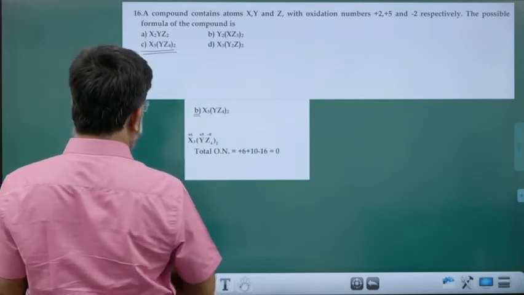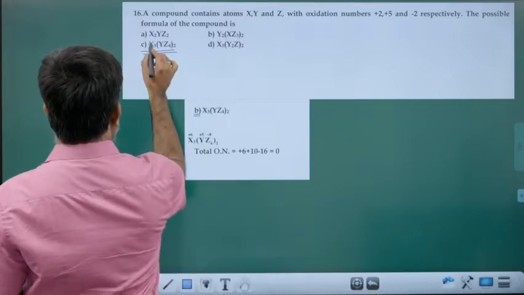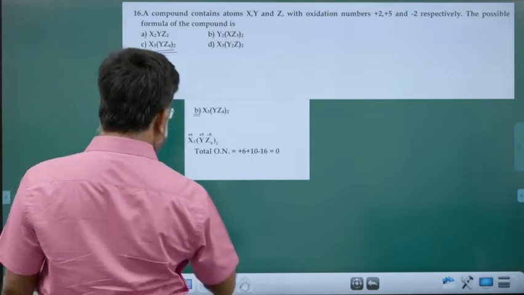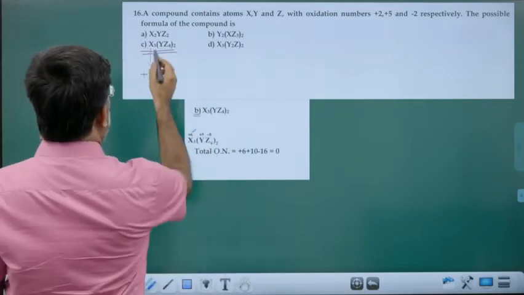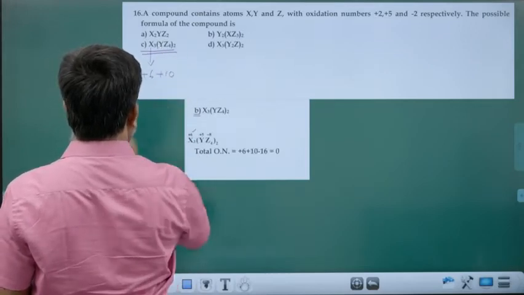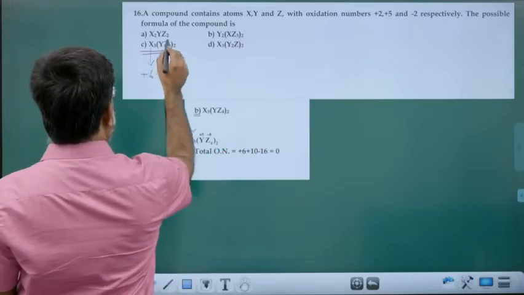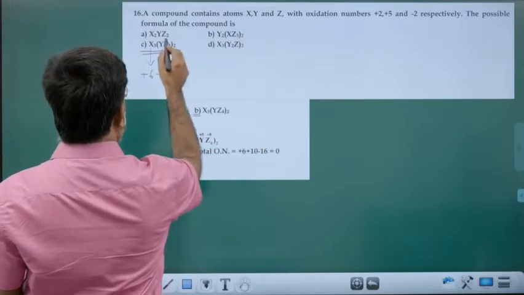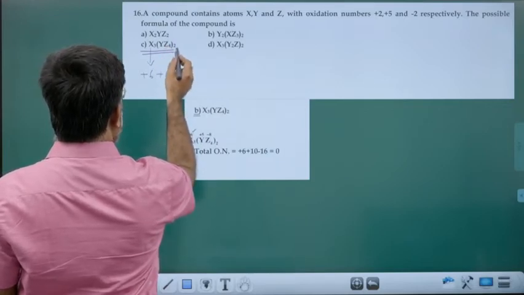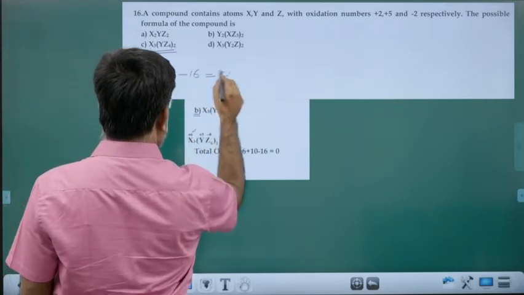Anyway, let us examine. You see, X3: X is plus 2, plus 2 into 3, you are getting plus 6. Now Y is plus 5, plus 5 into 2, you are getting plus 10. And Z is minus 2, minus 2 into 4 is minus 8, into 2, it is minus 16. Of course you are getting 0.